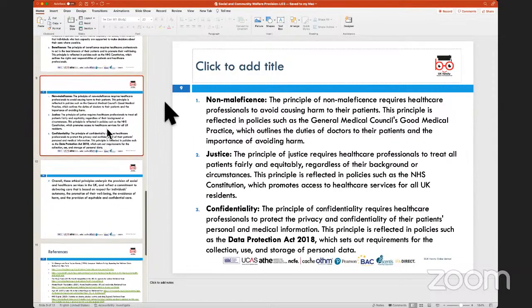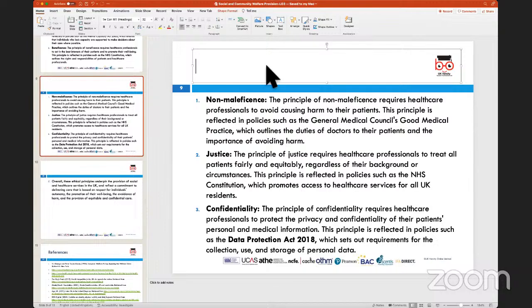So, if I have to say in a nutshell, how do we understand these in as few words as possible? Non-maleficence basically means do no harm. Any procedure or anything that we do would mean that we are not going to harm the patient when they undergo some sort of treatment.